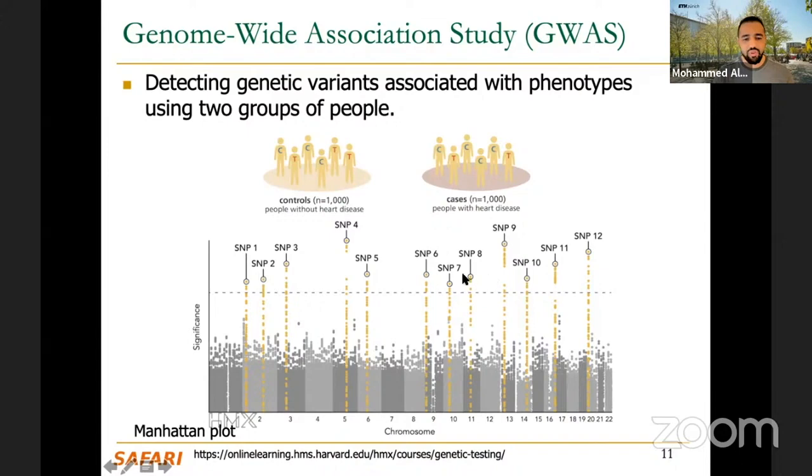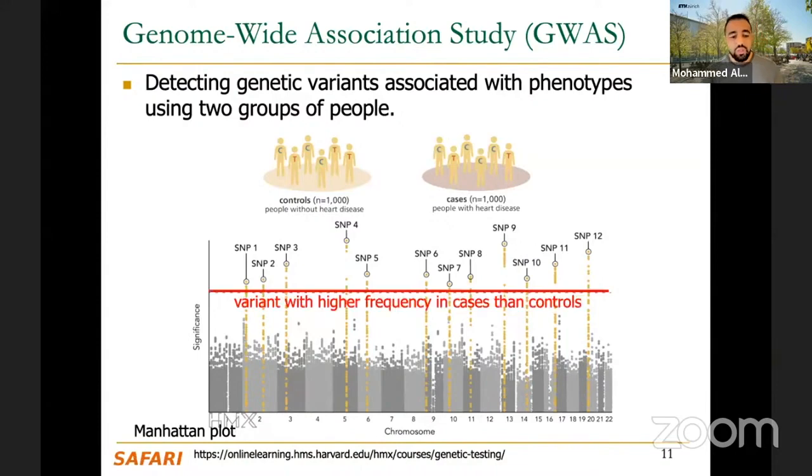And if the frequency of a certain SNP or genomic variation exceeds a threshold, which we set here with this dashed line, then we say this SNP is significant. Why significant? Because it happened frequently with the disease group. So we can correlate these to each disease we have in the study. You can study multiple diseases, you can study a single disease, and so on.